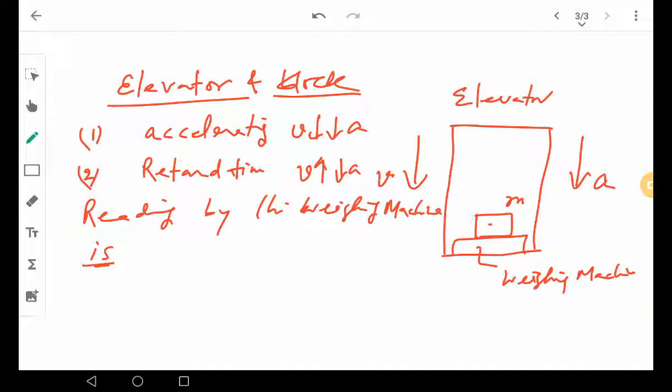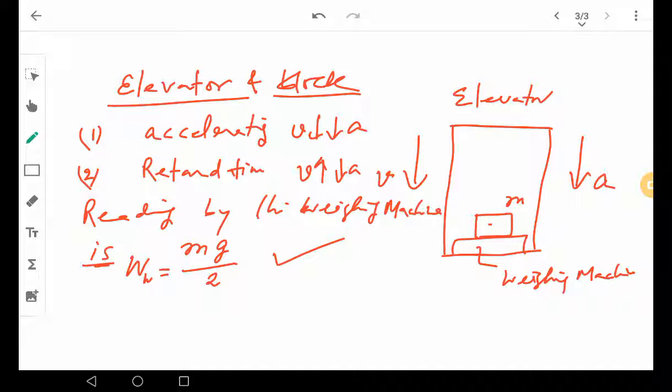Even we can say the elevator is moving with uniform velocity, acceleration is 0. So if the reading is, say for example, mg by 2, it means the weight measured by the weighing machine is mg by 2.